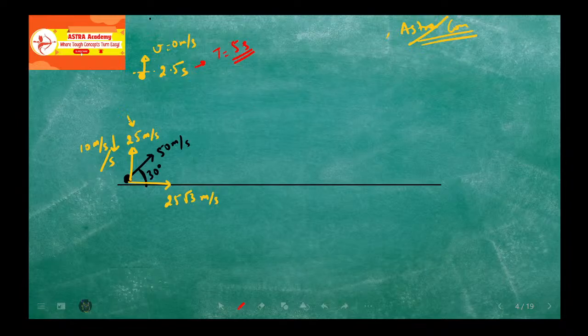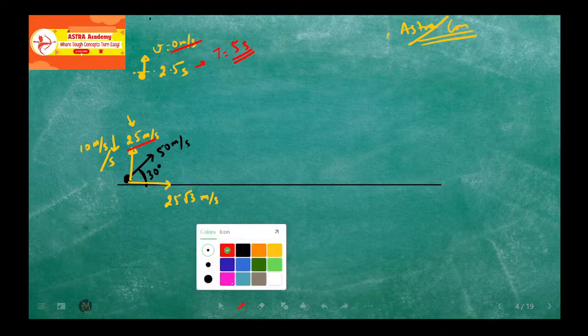Now tell me the maximum height. What is the number between 25 and 0? The average, 25 plus 0 by 2, is 12.5. Or if you want to avoid decimals, because few students are fearful after seeing decimals, you can write 25 plus 0 by 2 and into 5, and you will get the maximum height.